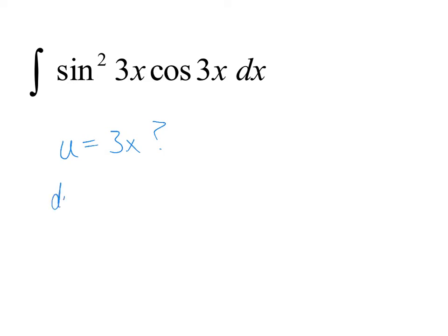So the du would equal what? 3dx. Okay? Now, the 3dx, I've got the dx. I don't have a 3, so I'd have to put a 3 here and put a 1/3 out here, right? Remember doing that from me yesterday? Okay? So there's my du.